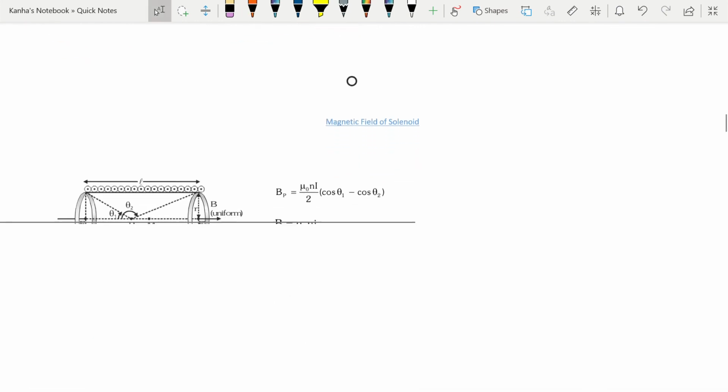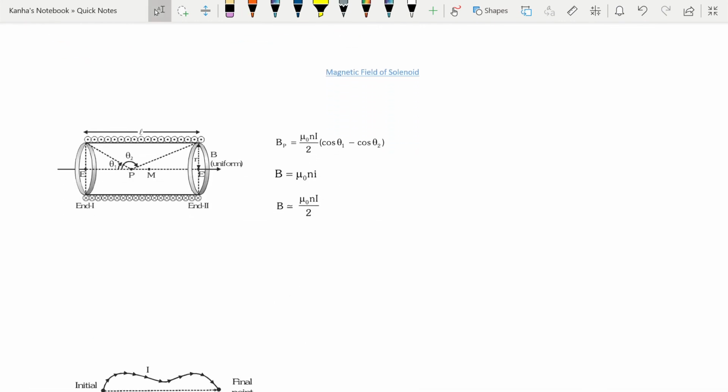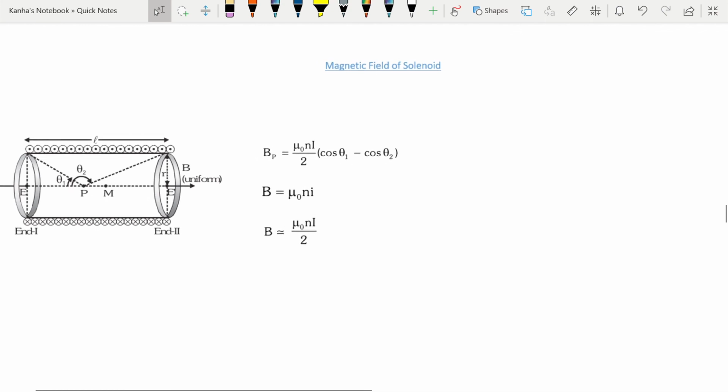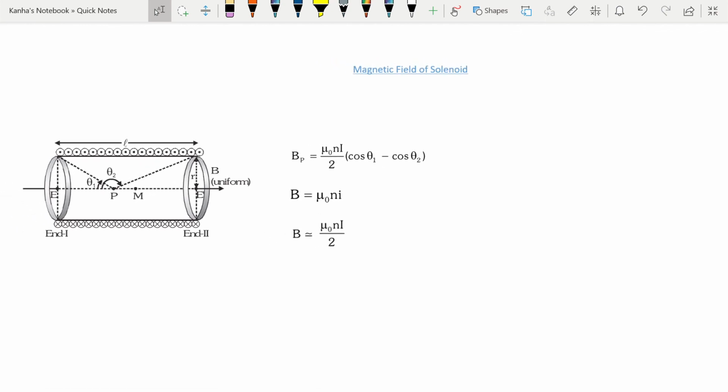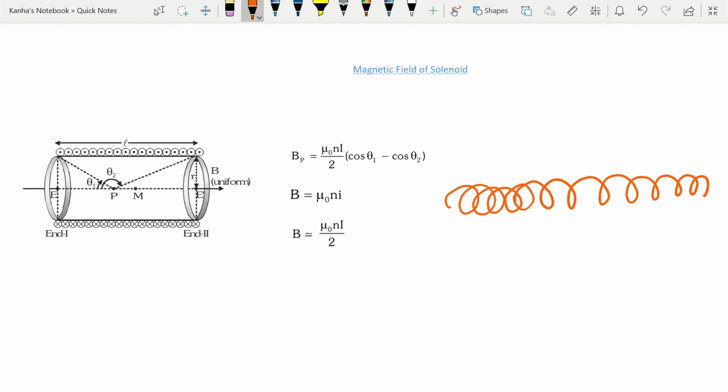Next, let's talk about the magnetic field of a solenoid. A solenoid is basically a device in which there are multiple turns, or multiple coils attached to a device, and there's a current flowing through them. Because there is a current flowing through them, each loop acts as a small magnet.